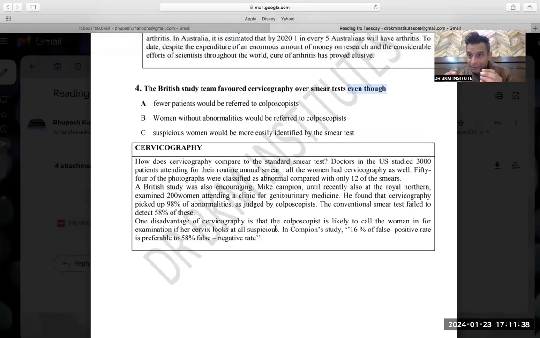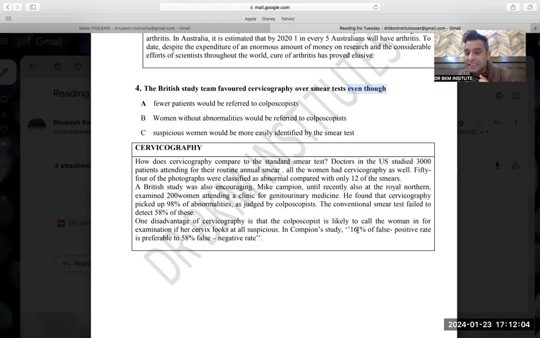That means the coloscopist will have to call more women, because this test is having only one disadvantage, that it is catching the abnormalities more often. So sometimes women are suspicious, it is not confirmed. Even then, the coloscopist has to attend more women, that more women will come for the examination.